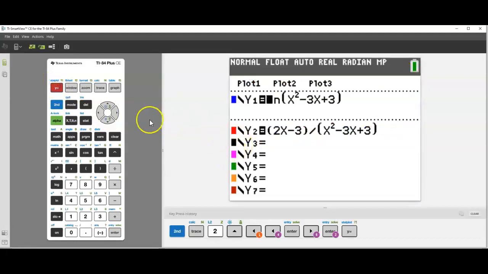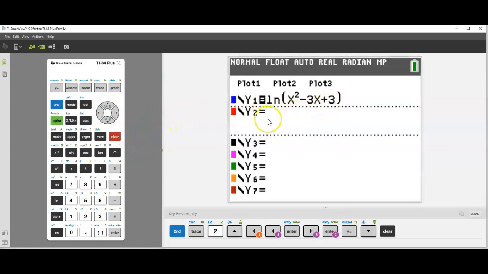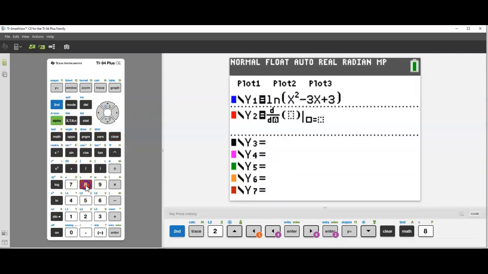So let's go to our y equals, and I'm going to go ahead and delete this equation. Let's say I never found the equation of my derivative by hand. Well, if you want to just graph the derivative without actually finding the derivative by hand, which is probably the safer bet, honestly, because if you make a mistake while you do it by hand, you're going to get the wrong answer, you're going to push math. You're going to push 8. X goes here.